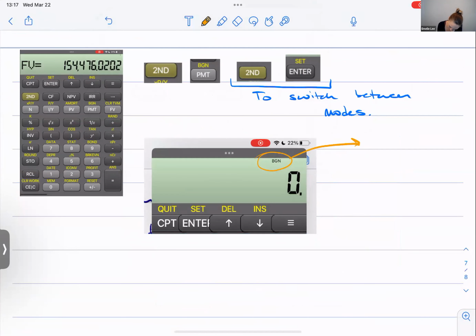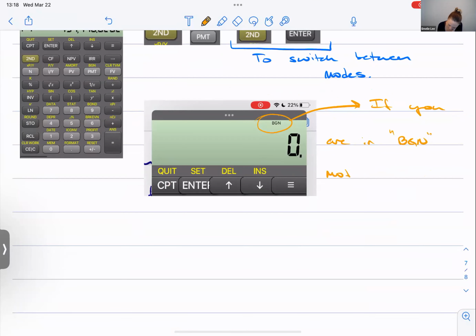If you don't want to be in begin mode, you just want to check the screen, and it'll prompt you if you're in begin mode by showing it at the top.